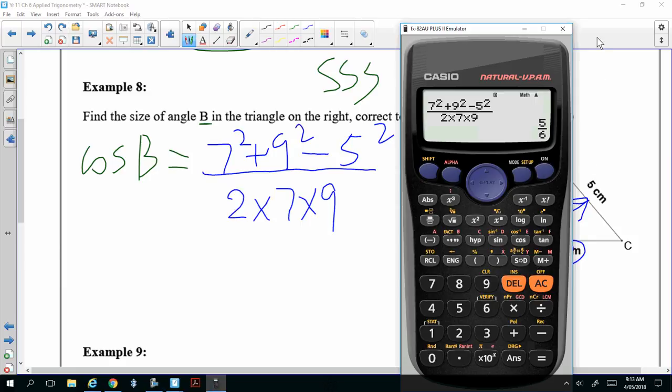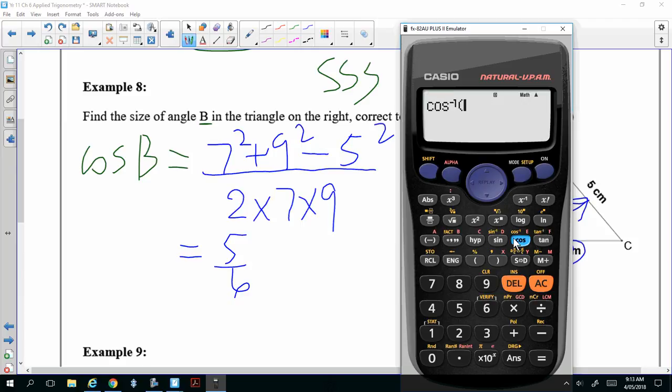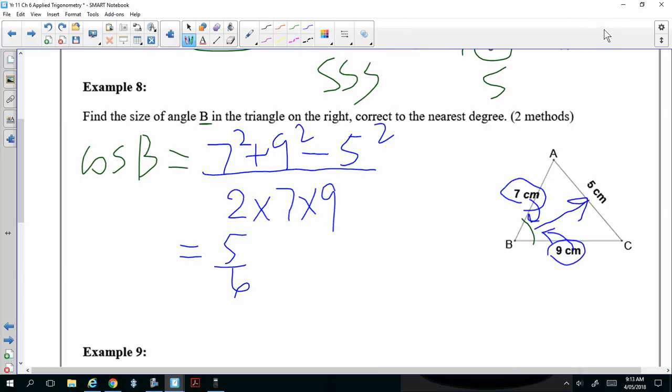Again, that's not your answer. That's just the ratio. And then to find the angle, you press shift cos inverse, answer. Correct to the nearest degree, which is about 34 degrees. 34 degrees, B. Actually, I forgot to write, just write cos inverse of 5 over 6.